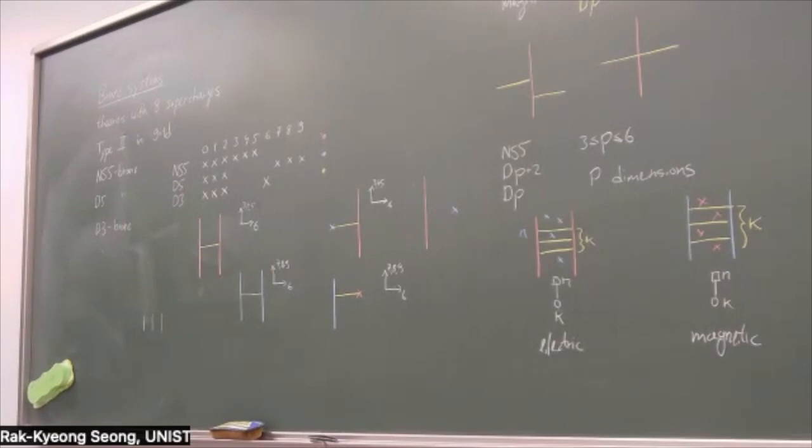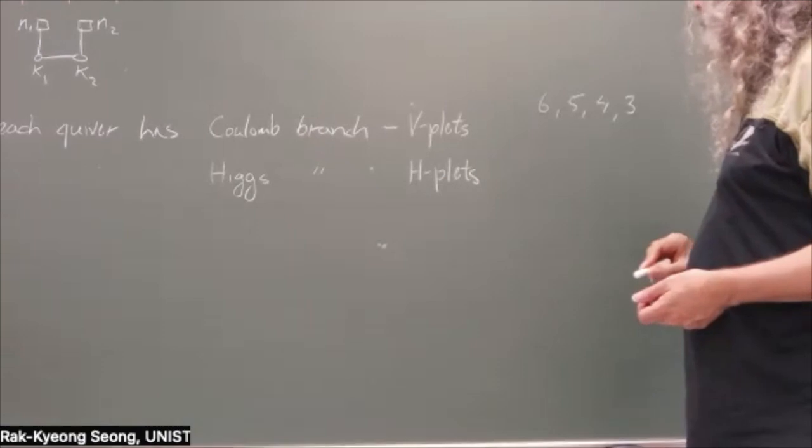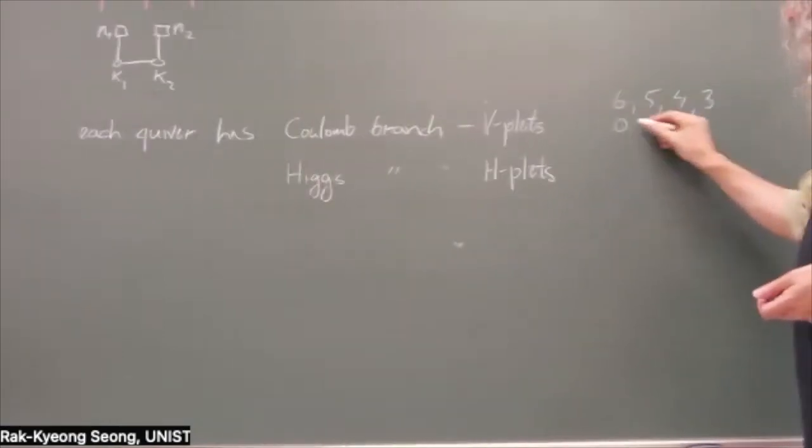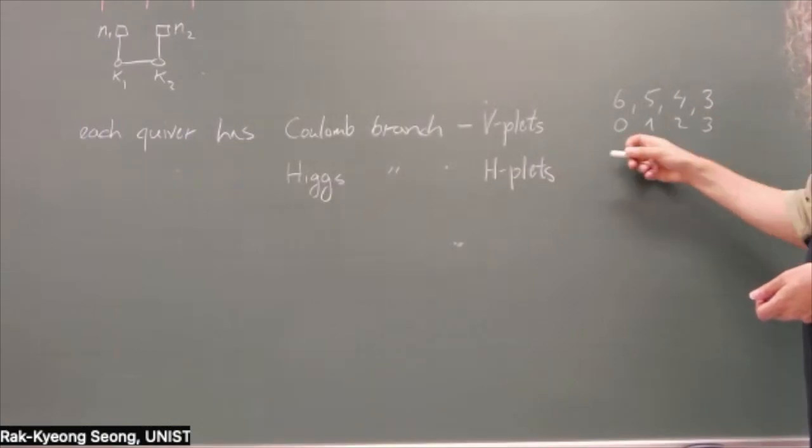So the vector multiplet moduli space depends on the dimension. It will be 6, 5, 4, and 3. And I'll have 0, 1, 2, and 3.